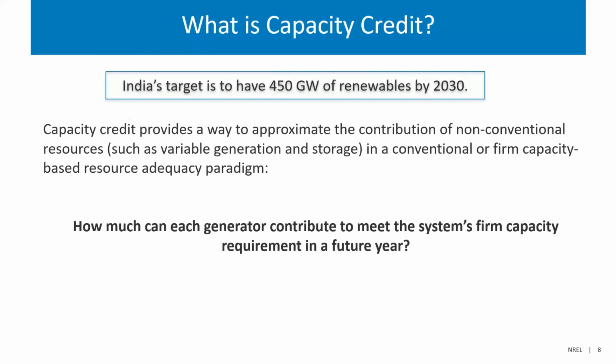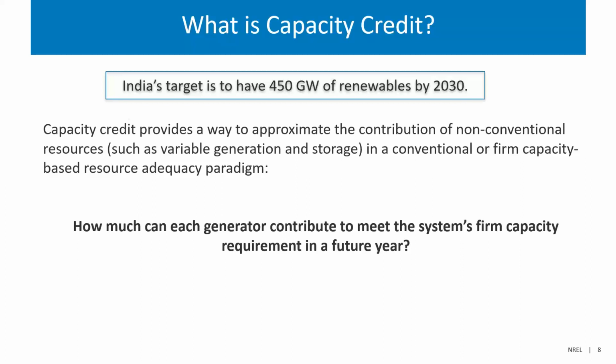Okay, so as Amy mentioned, India is planning to install 450 gigawatts of renewables, mostly wind and solar, by 2030. This introduces a lot of generation uncertainty to the system due to the variability of these resources. Therefore, capacity credit is a good metric to measure the contribution of a resource in terms of firm capacity or conventional unit.